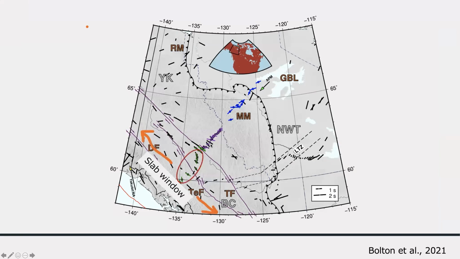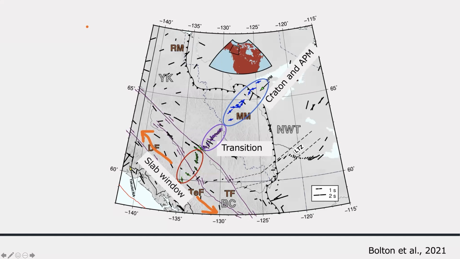So that would potentially create an orientation of shear wave splits that are associated with upwelling asthenosphere, and then a rotation as we enter an area that's less affected by upwelling asthenosphere, and then finally a high shear wave splits that are associated with the craton and absolute plate motion.